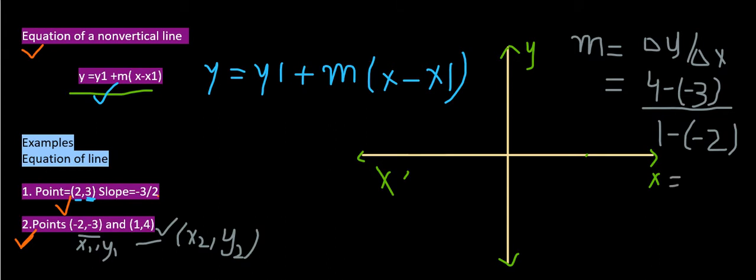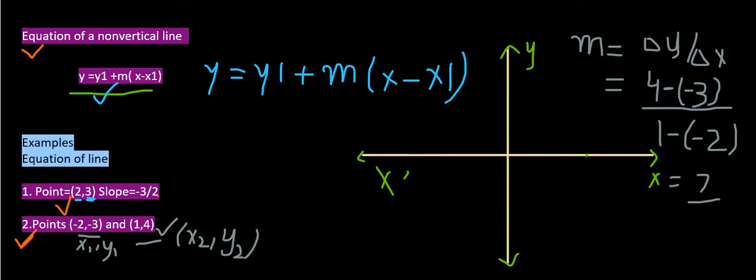So after this we will get 4. When we multiply the minus sign in here, we get positive, and by adding 4 plus 3 we get 7 over here.